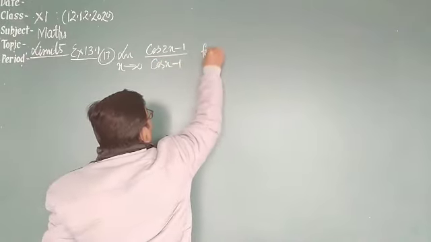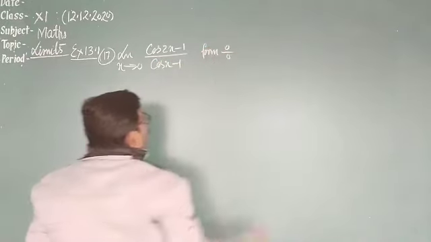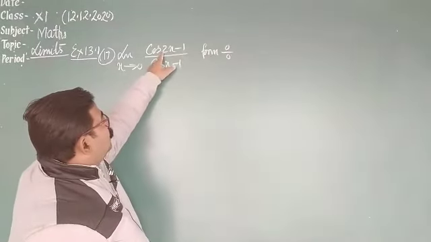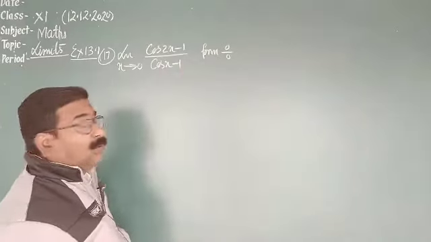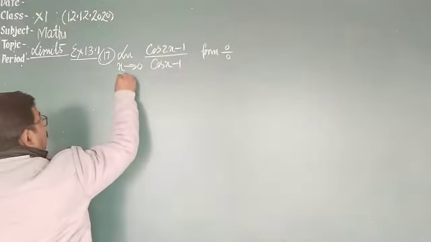It is of the form 0 upon 0. Why? If you put x is 0, cos 0 is equal to 1, minus 1, gives 0. So we have to simplify.